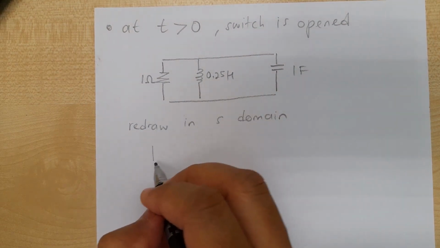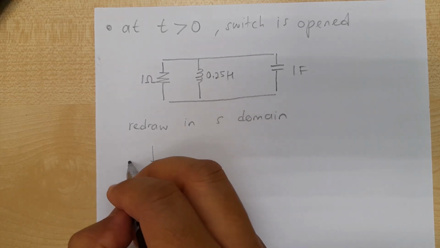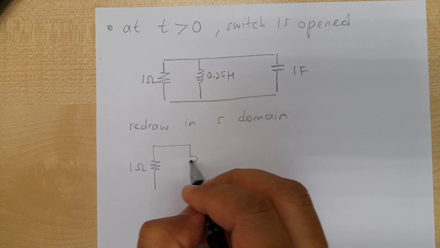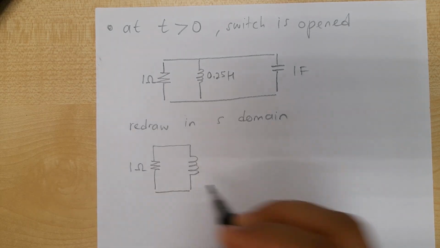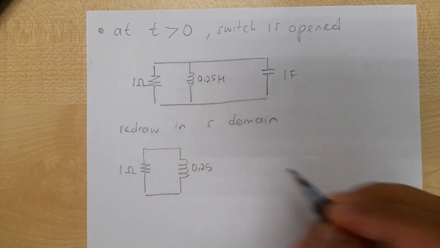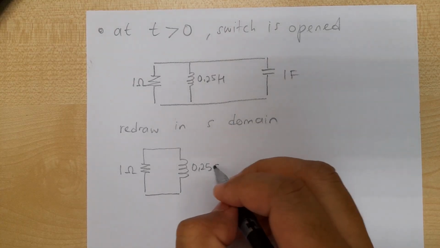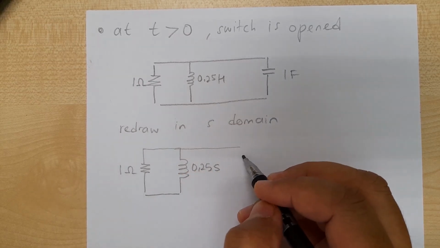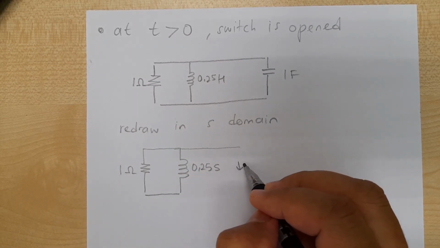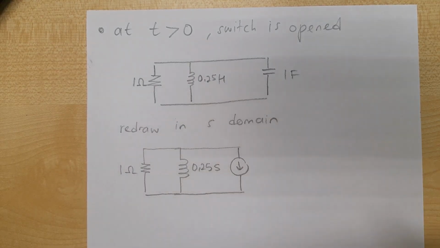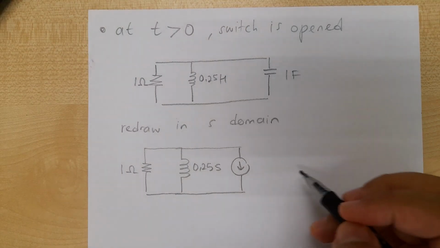So when we draw the circuit in S domain, this is still 1 ohm, and now the inductor is 0.25 Henry times S, and then the initial condition of the inductor, which is represented by a current source.